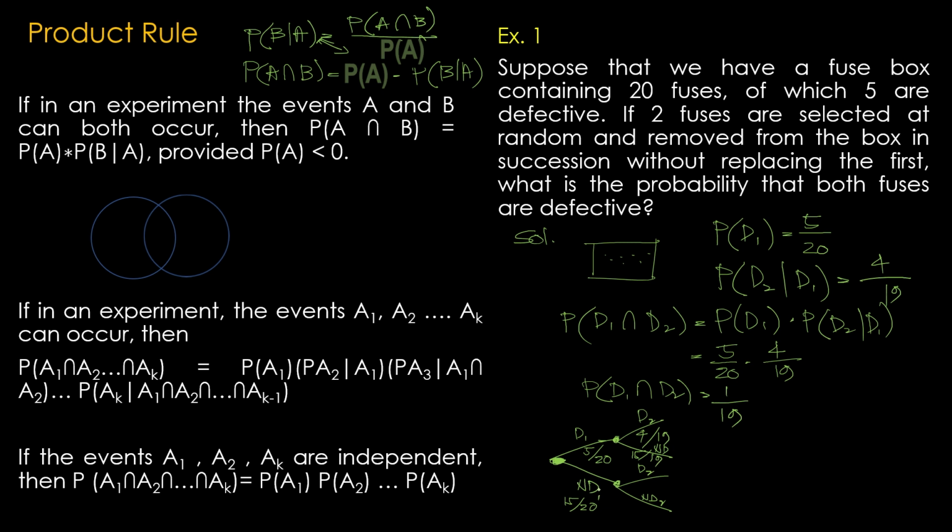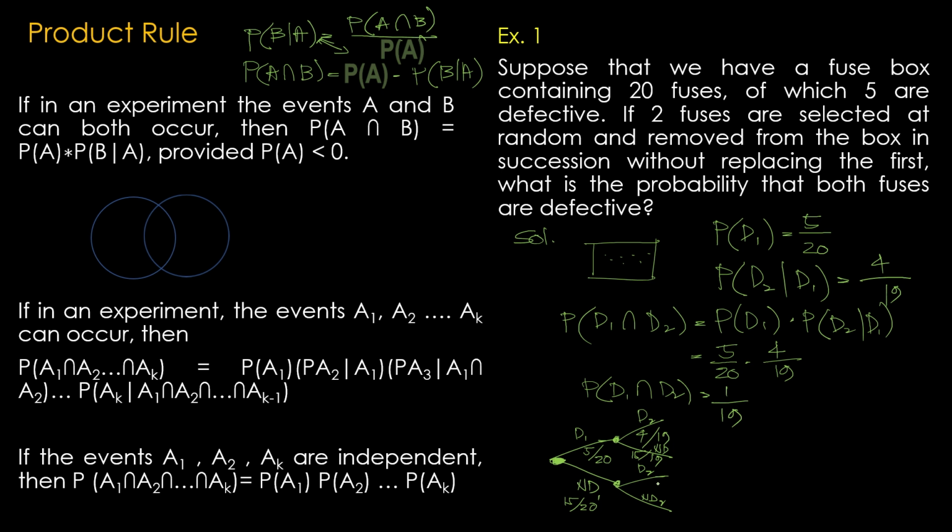Okay? So for this one, since we've drawn a non-defective fuse at first, if we try to find the defective in the second draw, it is not reduced, so it's 5 over 19.